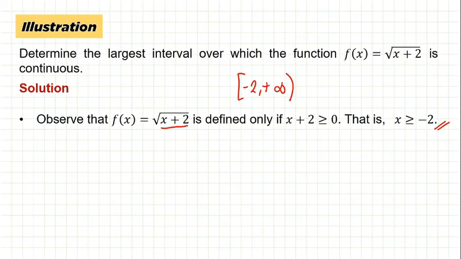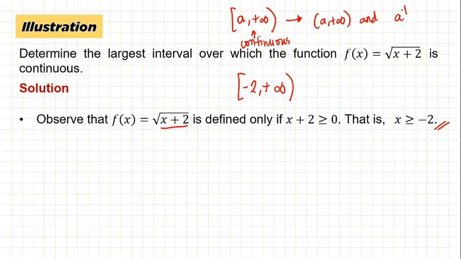Okay? So take note that if we have the interval a to positive infinity, we can only say that this one is continuous if continuous siya from a to positive infinity and from the right of a, right? So we need to check the two conditions.